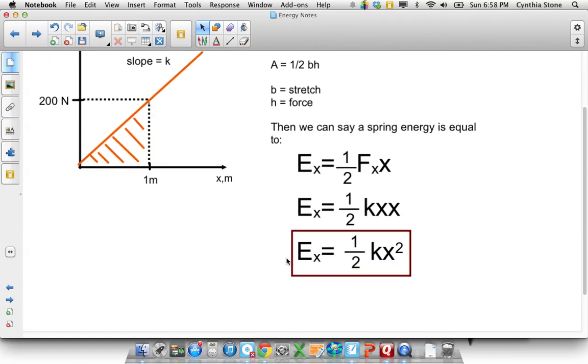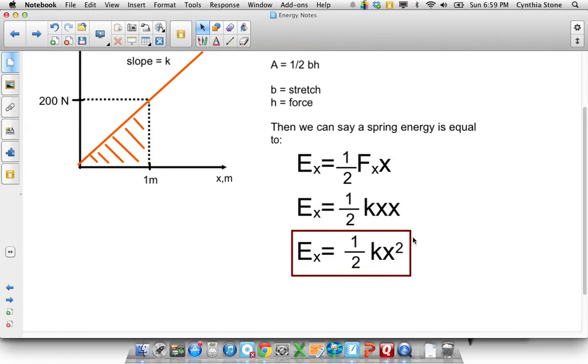So if I'm looking at spring energy or elastic energy, they're the same thing. It's going to be 1/2, in this case I wrote height first, Fx times x, which is the stretch. In the spring, we call the amount of stretch x, so it's 1/2 kx times x, replacing Fx with kx, which we learned in the last note.